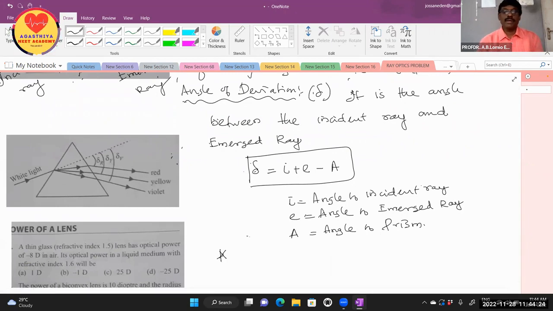Next formula, the governing formula for the angle of prism: A is equal to R1 plus R2, the refraction angles inside the prism.